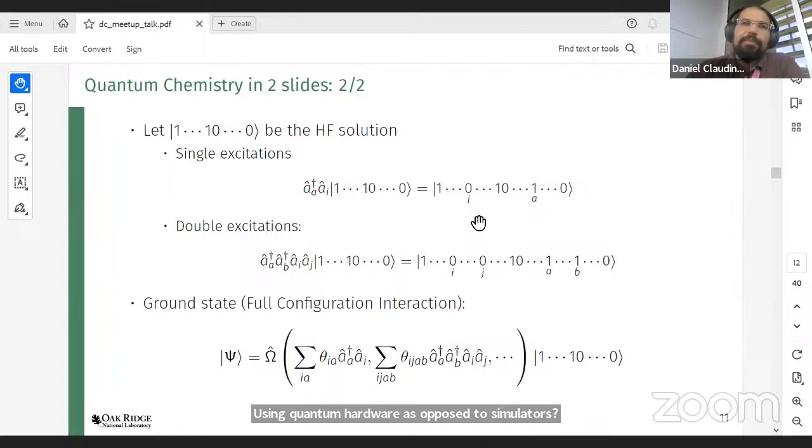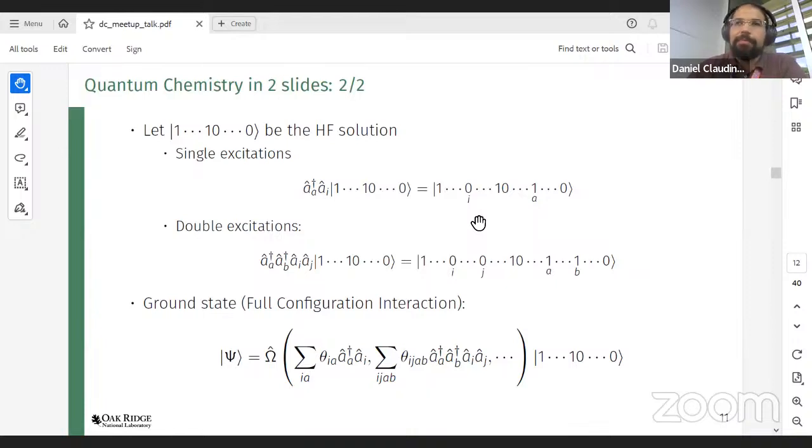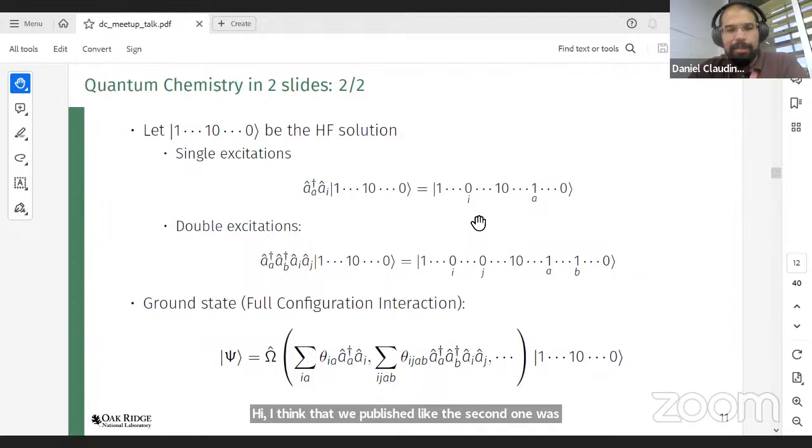The first problem here, I didn't report anything on hardware. It was mostly simulator. The first paper, I did very little with hardware, but nothing that we published. The second one, the main results are all done on that Quantinuum hardware that I mentioned.